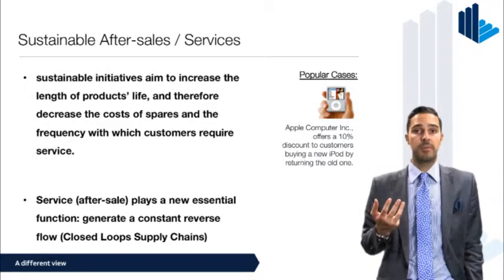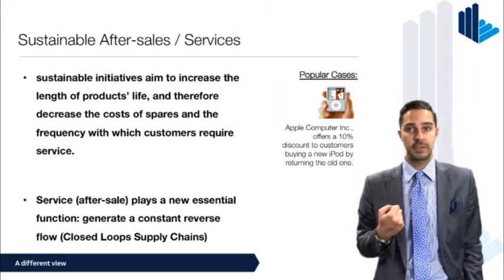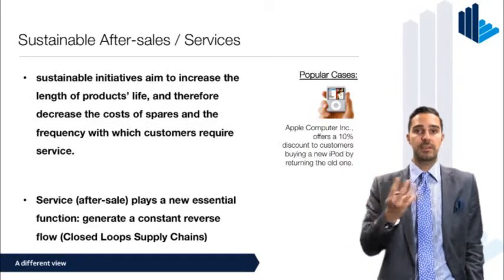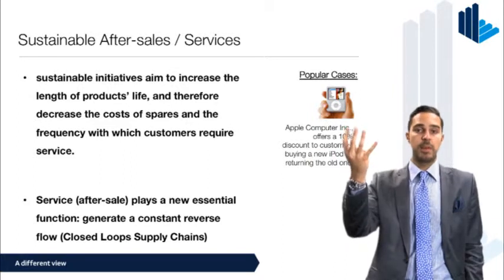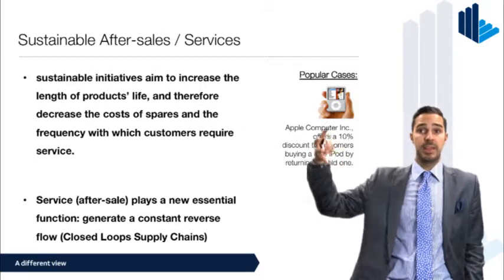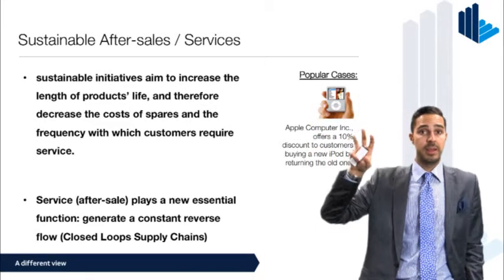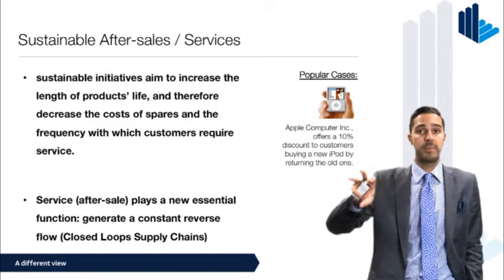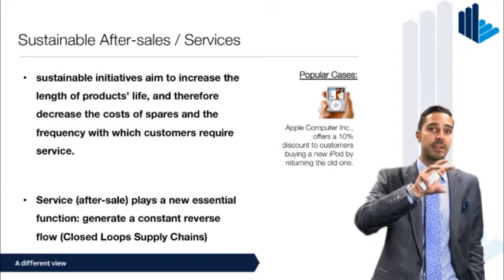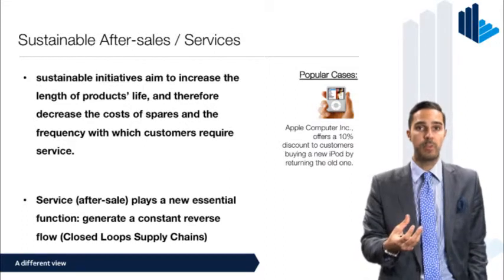That is the term of closed loop supply chains. What does this mean? This means that you not only have supply chains for developing products, but you also have a supply chain made by different actors that collect the products at the end of the life, disassemble them, recover materials, recycle these materials, and basically bring back these materials to the production sites for developing new products.